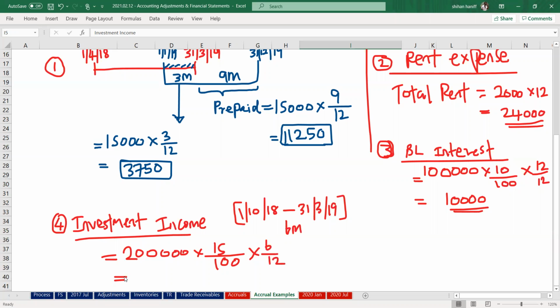So 200,000 into 15% into 6 months is 15,000. That's the investment income. 1st of October to 31st March 2019 is 6 months. Okay, so 15,000.